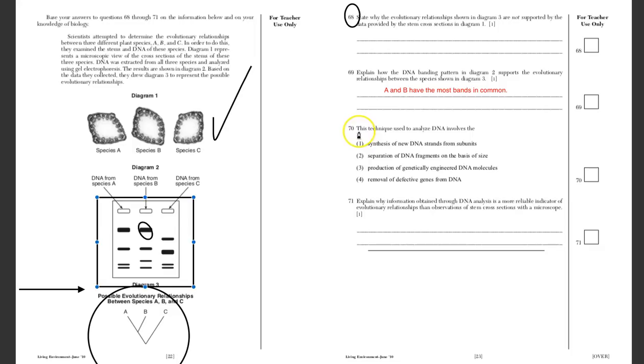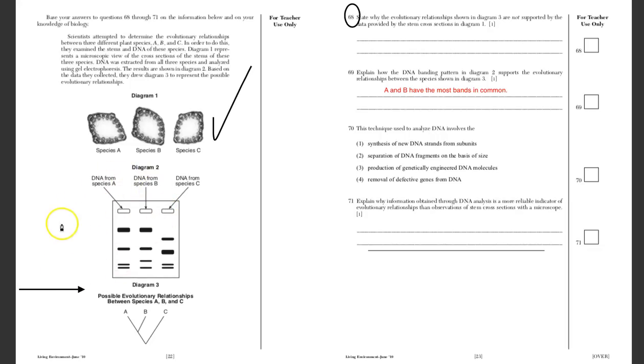Next. This technique used to analyze DNA involves the, so before we even answer that, you have to know what electrophoresis is. Electrophoresis is a machine used to compare DNA from different species. You can find out what animals are related to each other, who's the mom. Let's say you have a litter of puppies and you don't know if all those puppies belong to a particular mom dog.